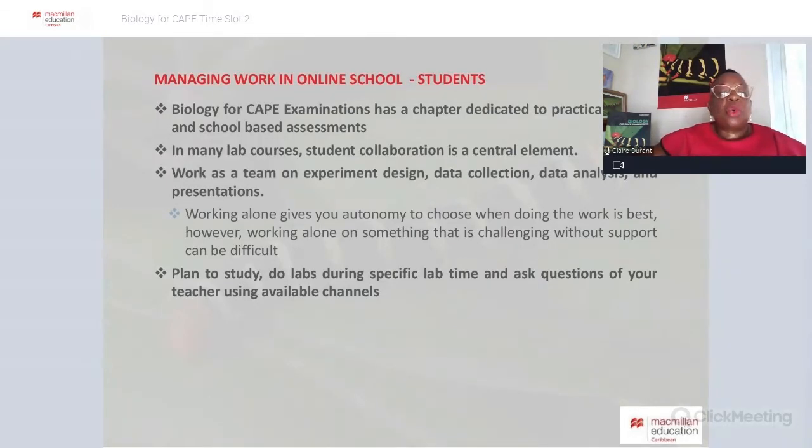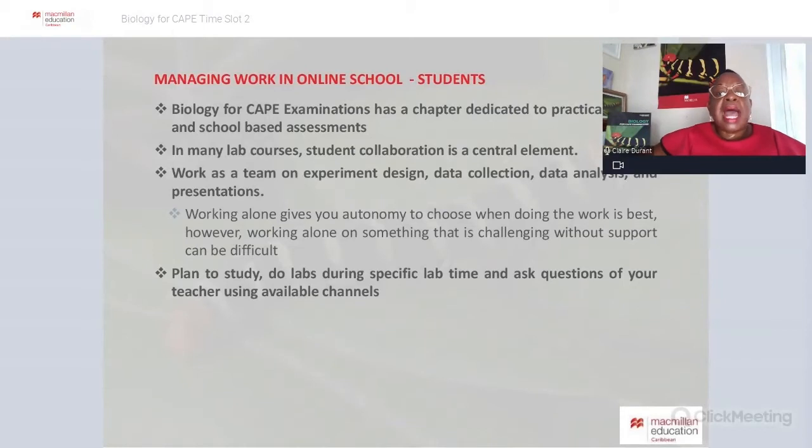Okay, so biology for CAPE examinations has a chapter dedicated to practical biology. So we have a chapter that gives you an example of how to measure mitochondria, how you do the calculations to say what is the size.